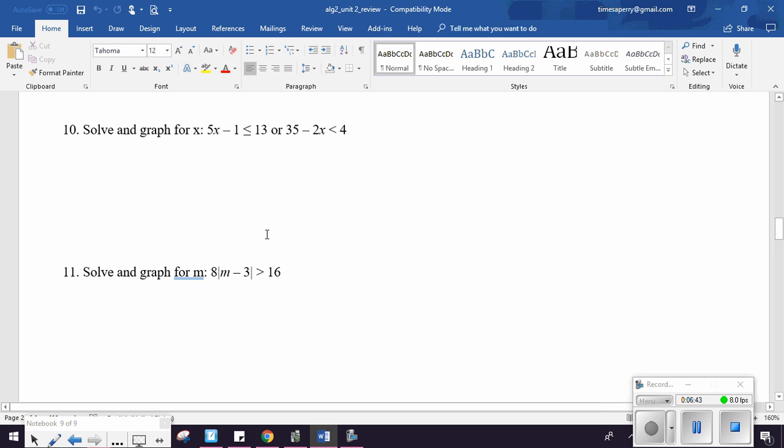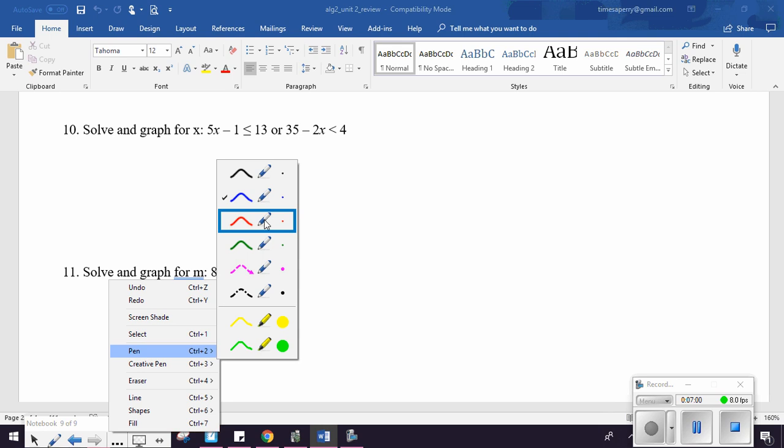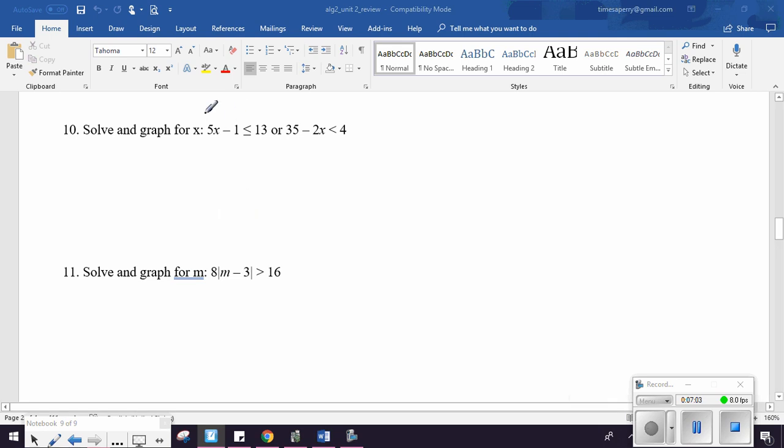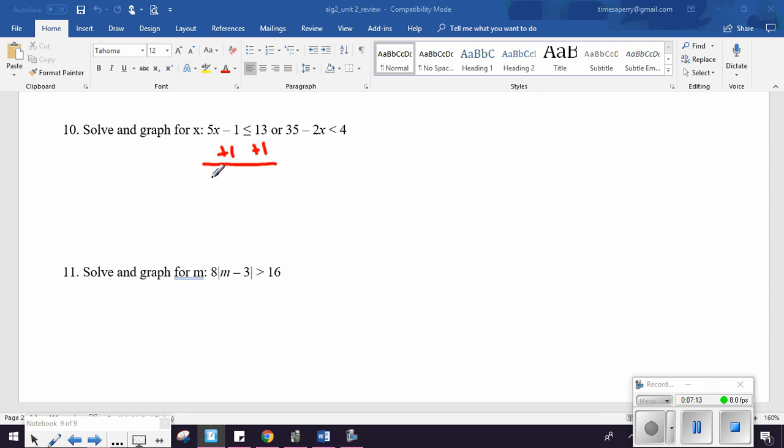Number 10 wants us to solve another compound inequality. It's the OR inequality. So remember, greater means you're going to have, most likely, the arrows pointing opposite directions. So let's go ahead and solve. On the first one, we're going to add 1 to both sides. So bring down 5x less than or equal to 14.